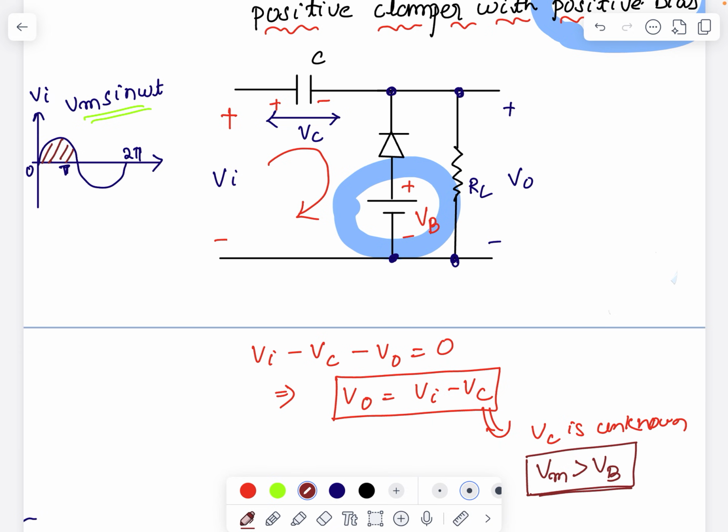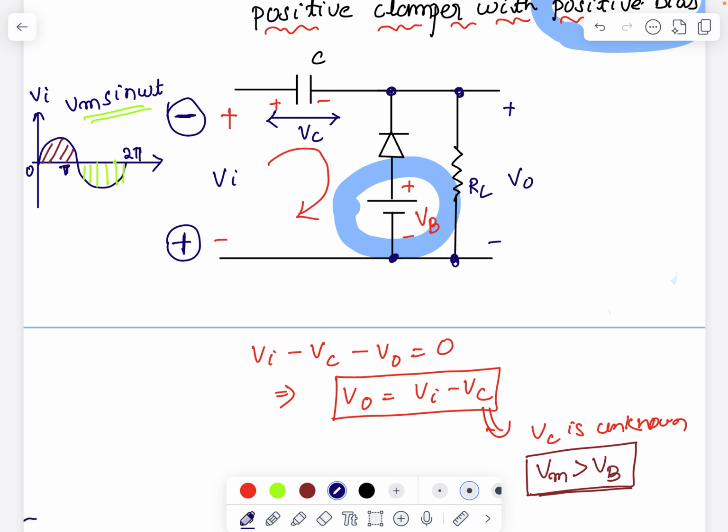But when I take the negative half cycle, only then will the diode be forward biased and the capacitor charge. When the diode is forward biased, it acts as a short circuit. When I'm providing the negative voltage, the polarity of the input voltage changes, so this will be minus, this will be plus. The diode will be forward biased and short circuit.